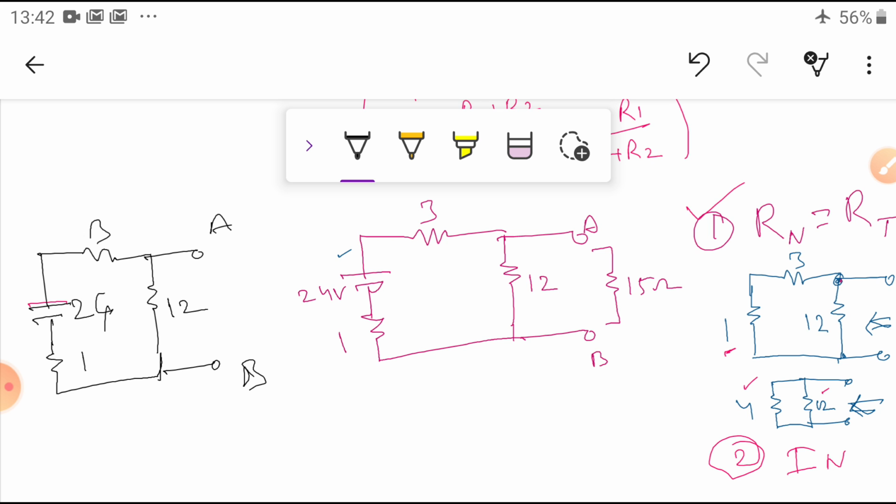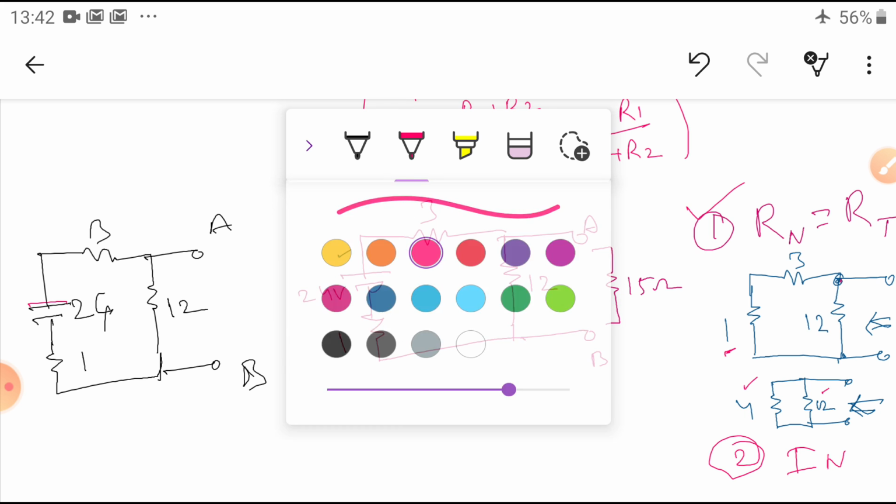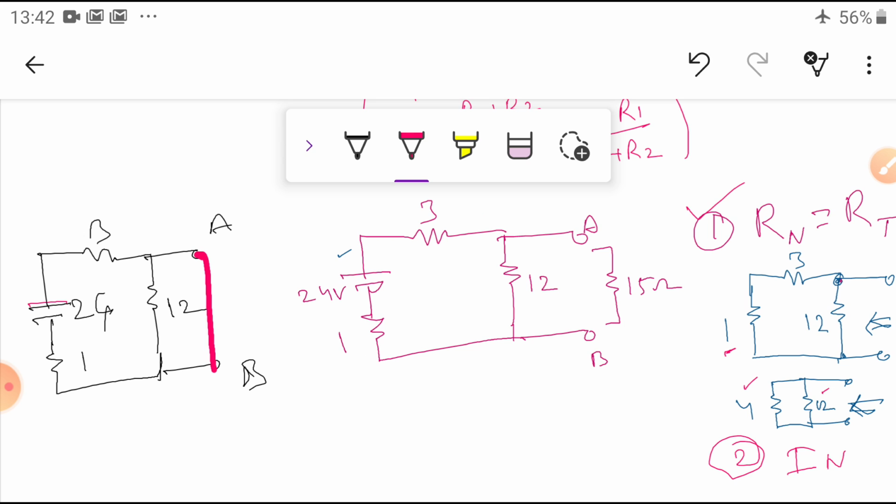Now, based on your basic knowledge, simply short the terminals. Once shorted, the 12 ohms becomes 0 because it is shorted, so the circuit reduces to 3 ohms, 1 ohm and 24 volts.